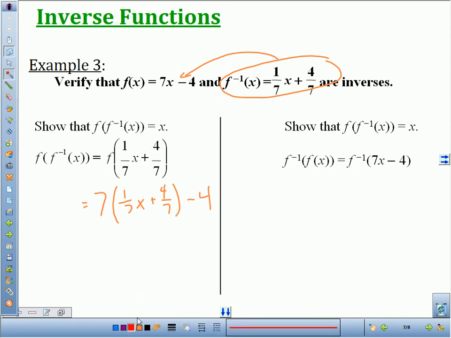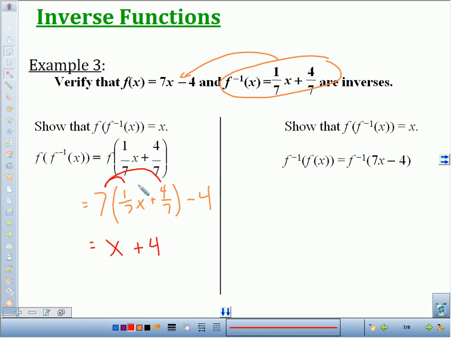And of course, theoretically, if these are in fact inverses, this should equal x. So let's see what happens. Now we have 7 times all this stuff. We have to distribute 7. So 7 times 1/7 x is x. 7 times 4 over 7 is 4.